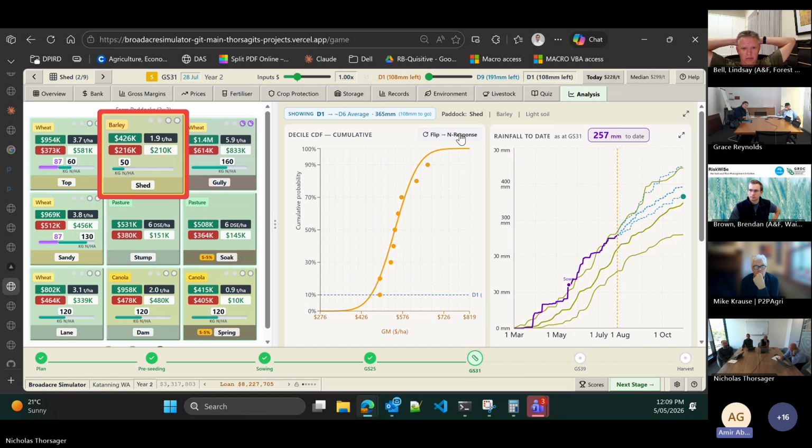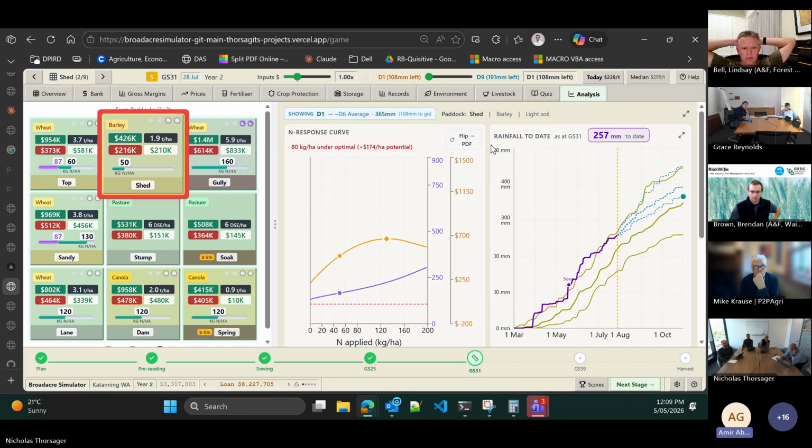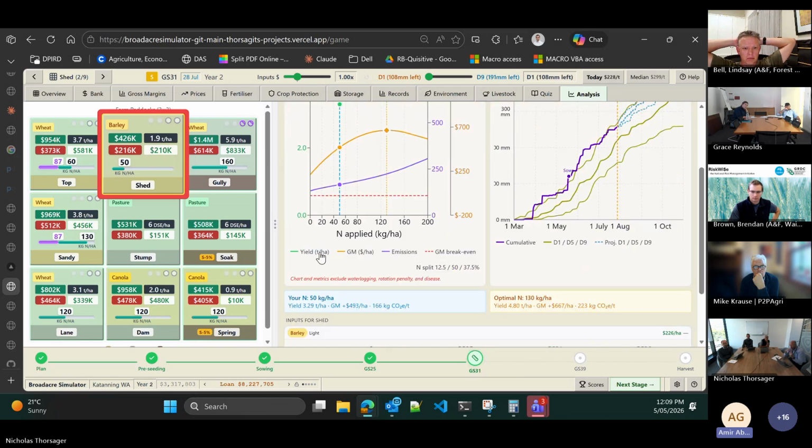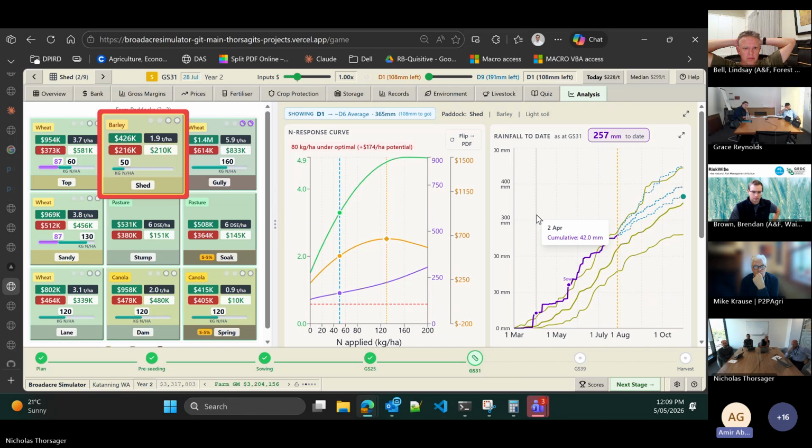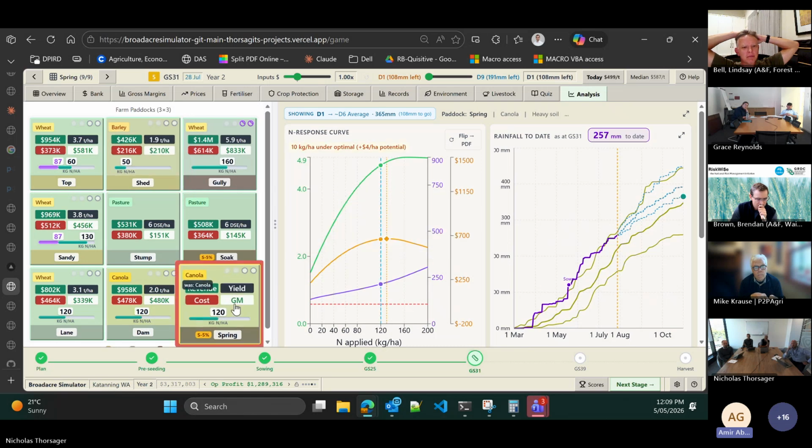So I might just jump to another paddock, which shows just another scenario. This is our barley paddock, and on this paddock we've had barley previously. So we've done barley on barley, and we haven't put on anywhere near as much nitrogen, 50 units. So this is just an interesting side-by-side comparison, these top two right paddocks.